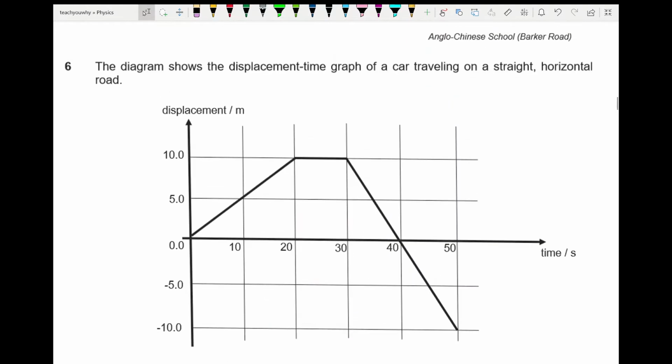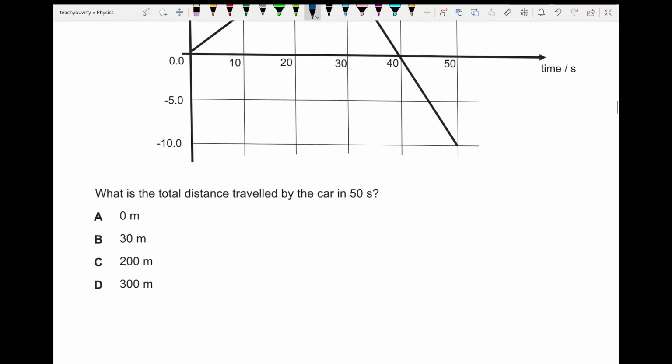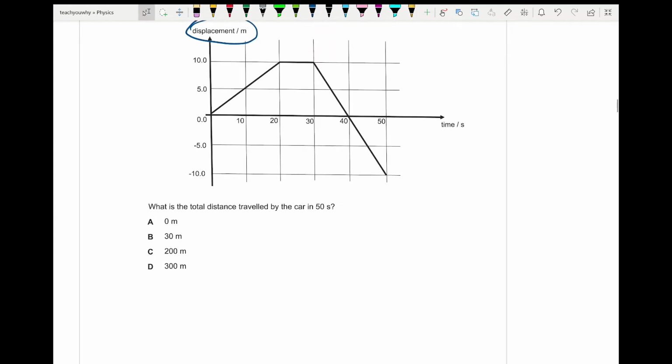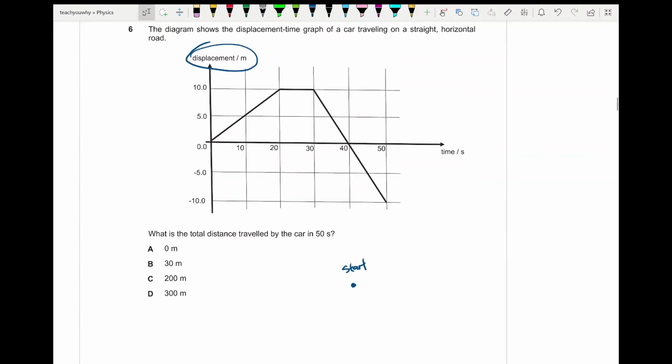Question 6. The diagram shows the displacement time graph of a car traveling on a straight horizontal road. Take note, this is displacement. Displacement means I have a reference point, so let's call it a starting point. At the start, after 20 seconds, it reaches 10 meters away from the start point.